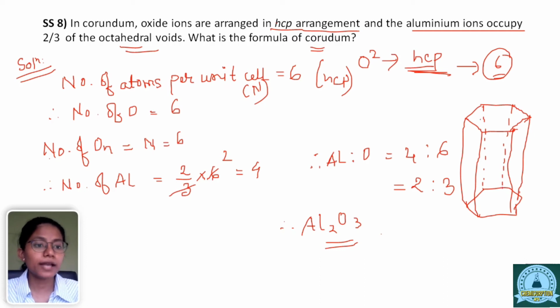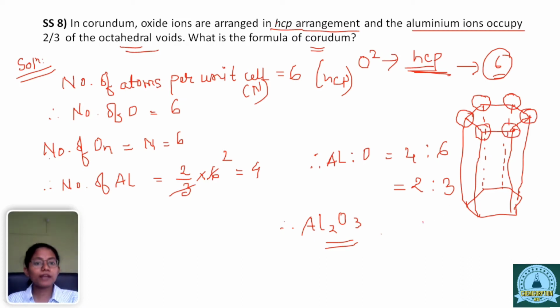So they have two hexagonal faces, and it means the corner atoms are shared with six other unit cells. So total we have 12 corners, right? Each corner atom is shared by total 6 unit cells. So the contribution is 1 by 6 to 1 unit cell. So from corner atoms, the contribution would be 2.